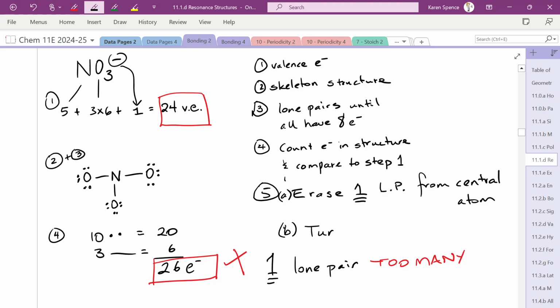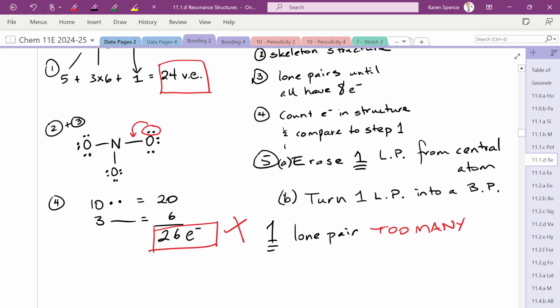Turn how many lone pairs? One lone pair into a bonding pair. Pick any one. I picked the one on the right. You could pick the one on the left or the bottom.